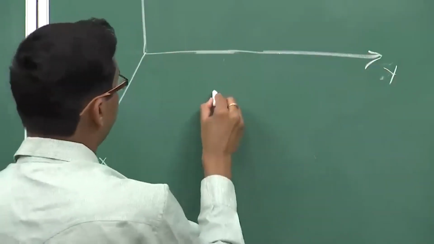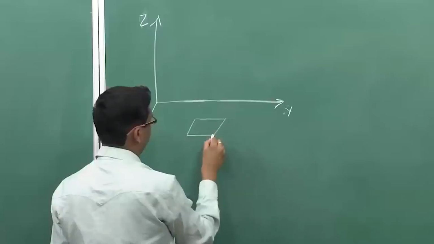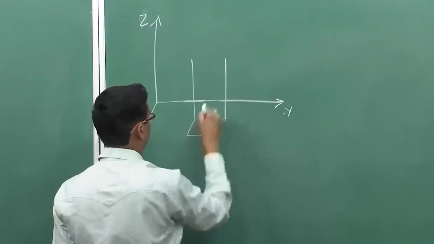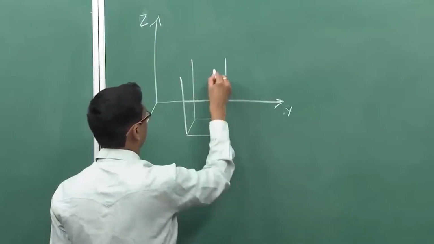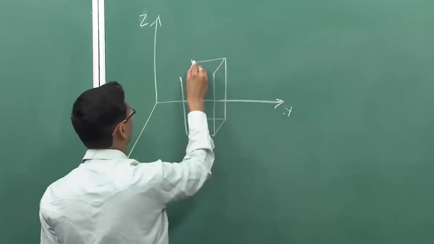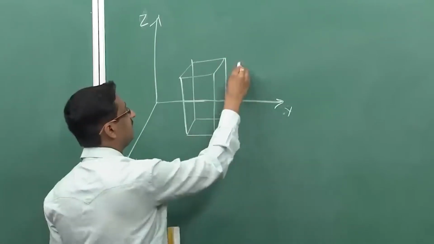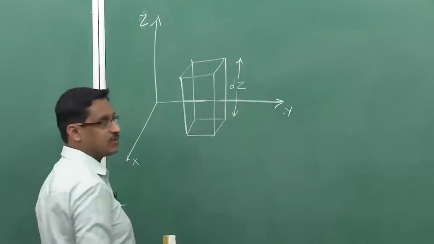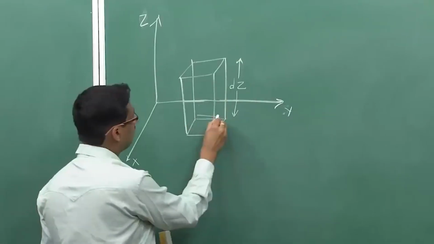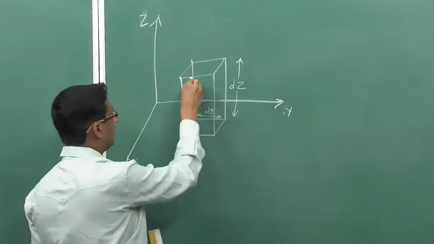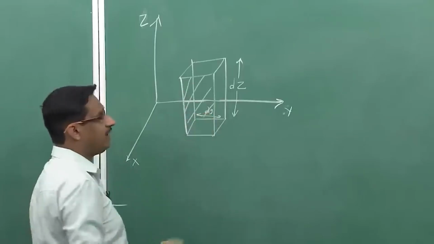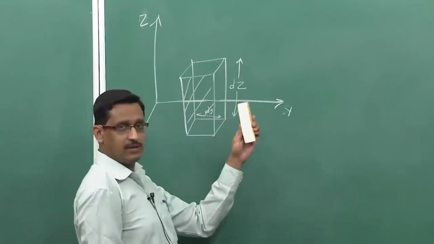So, if I move a distance of dz in this direction along z, and if I move a distance of dy, I will get the area dy dz.